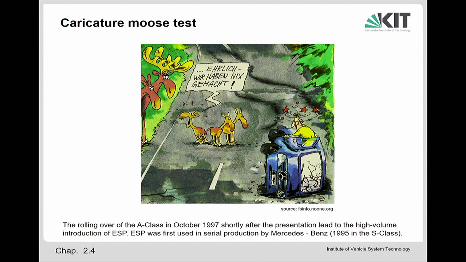And this allowed a situation which was pretty seldom in the development of technical objects, to compare the situation before and after the introduction of ESP into the market. Before, there was a much higher level of traffic accidents, of injured people, and of killed people in traffic.